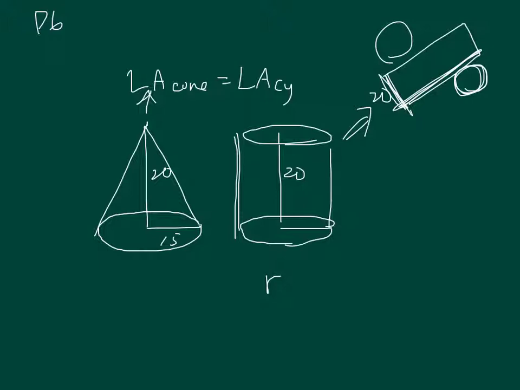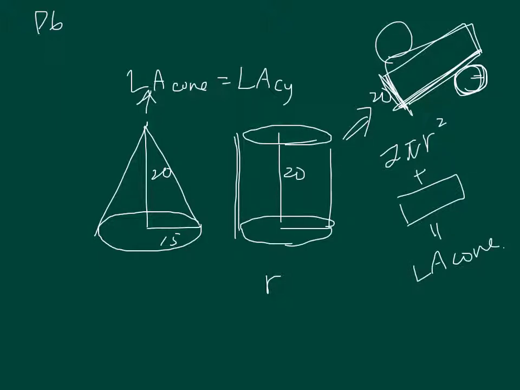I don't want to give out too many hints, but kind of do it backwards. So you have 2 pi r squared and then you have one rectangle. That should be equal to the lateral surface area of the cone.